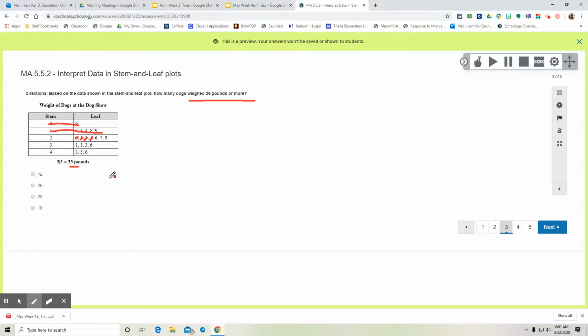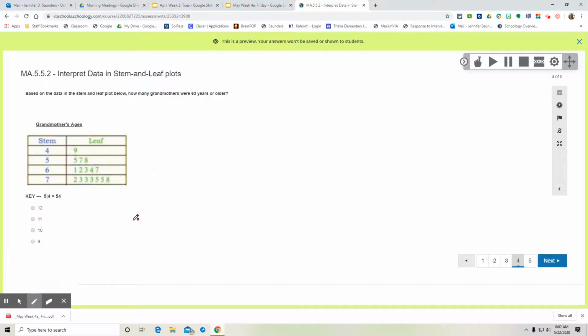So now I can just start counting my leaves. 1, 2, 3, 4, 5, 6, 7, 8, 9, 10. The answer is 10. Because we count 26, the next number is 2 and a 7, which makes 27, followed by the 2 and the 9, which is 29, and I would continue.